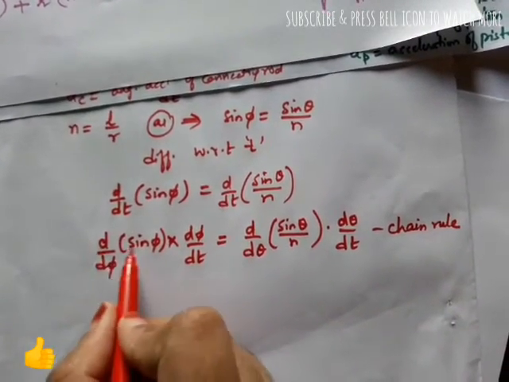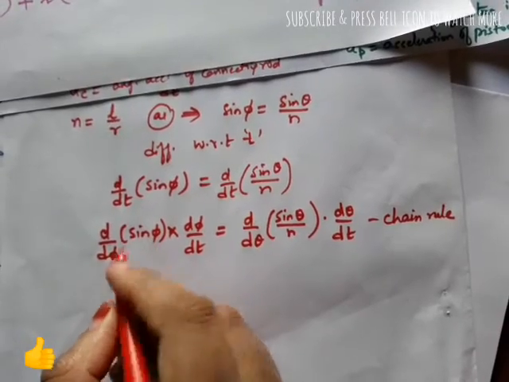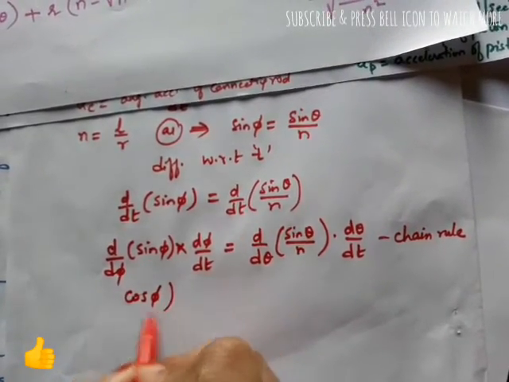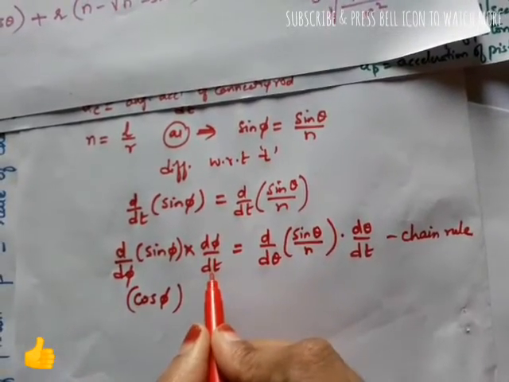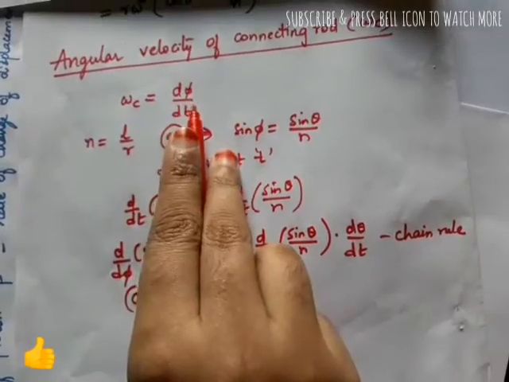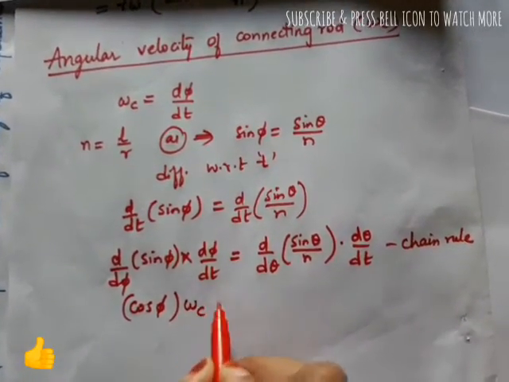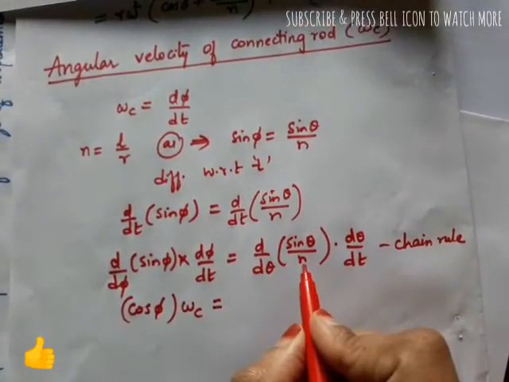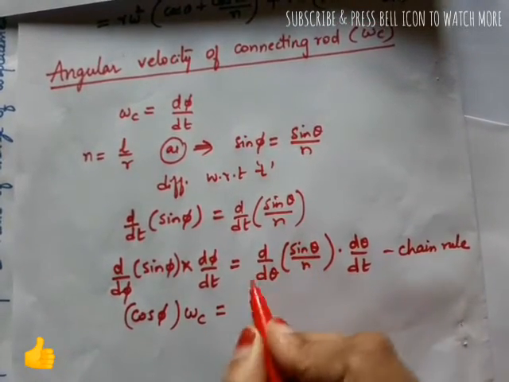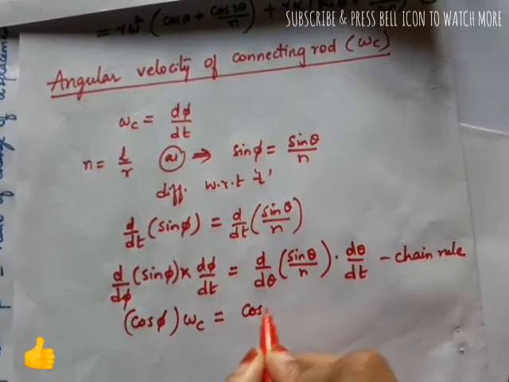Now d by d phi of sin phi will be cos phi, and d phi by dt is nothing but our omega c. Similarly, n is a constant, so I can bring it outside, and d sin theta by d theta is cos theta.